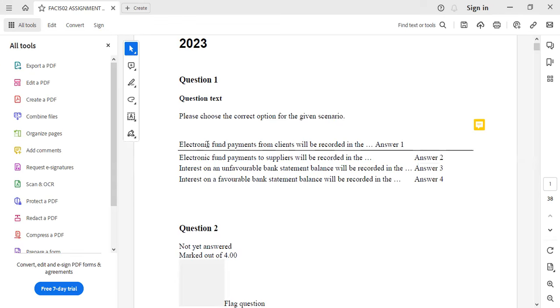Now, electronic funds transfer from clients, this is from clients. So we record it in our CRJ because it is money coming in. CRJ, this is the cash receipts journal.